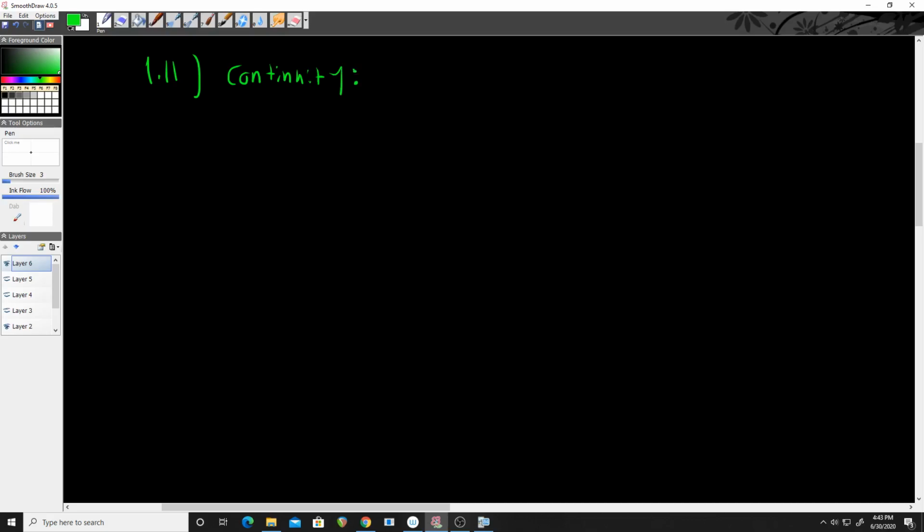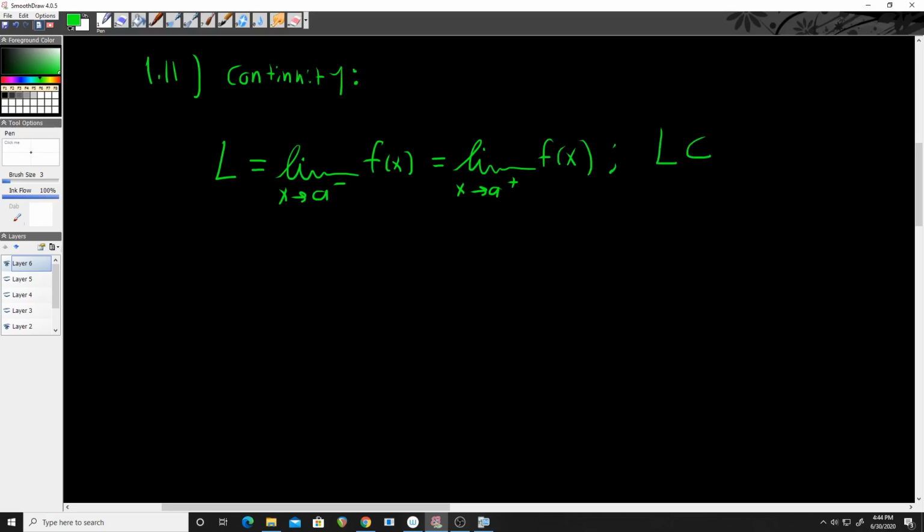Continuity. So we have already learned that for a limit to exist, the limit as x approaches any x value from the left has to be identical to the limit as x approaches a from the right, and L has to be a real number.